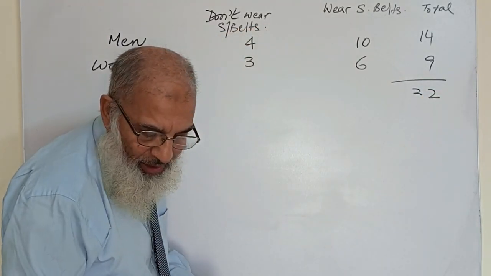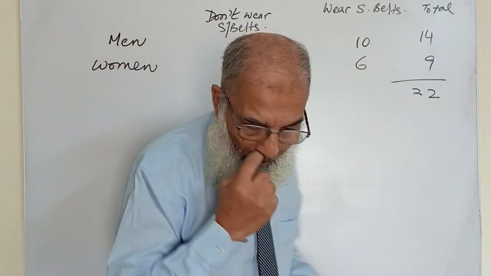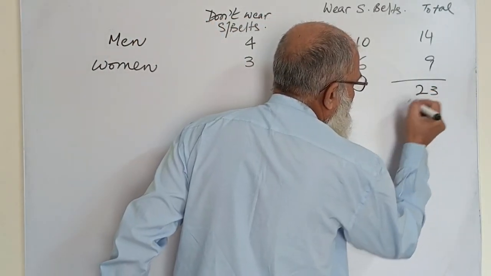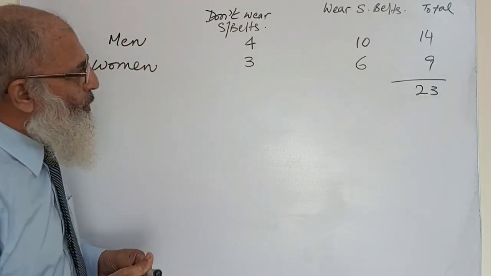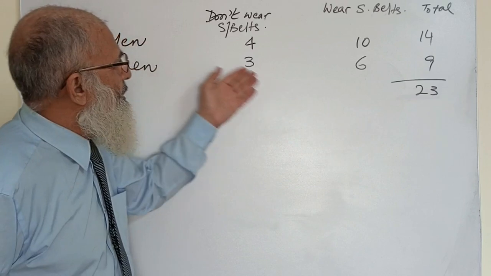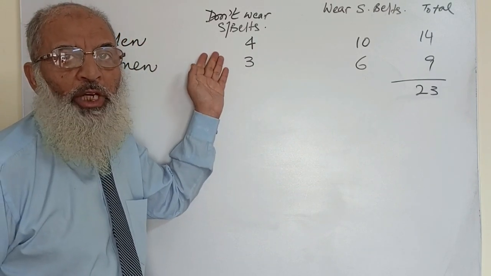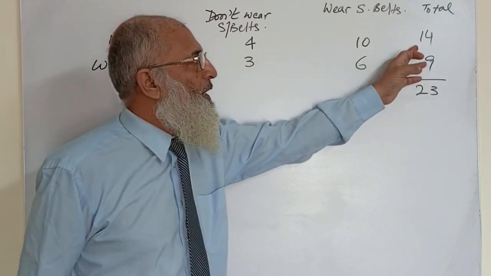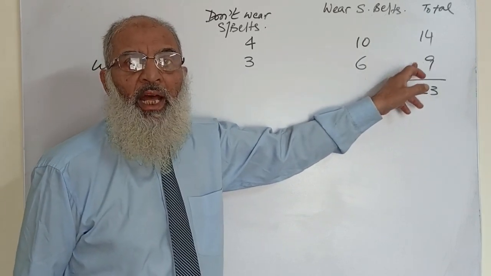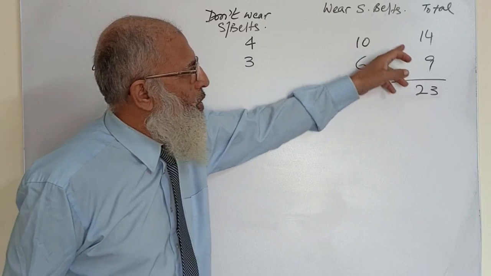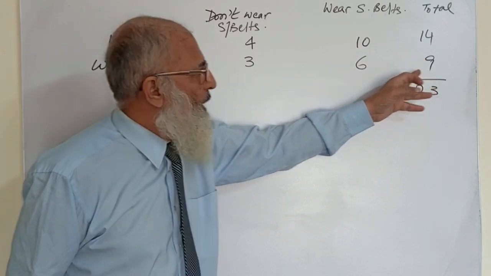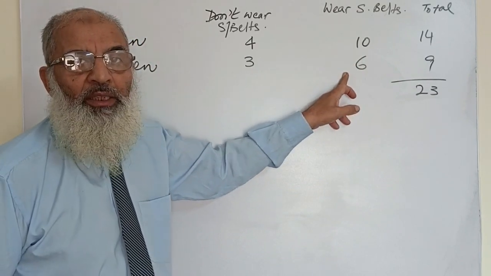Oh, I wrote it 32. So it is 23 total drivers. There were 23 total drivers which passed through a certain checkpoint, out of which 14 were men and 9 were women. Out of 9 women, 6 were wearing the safety belts and 3 were not wearing the safety belts.